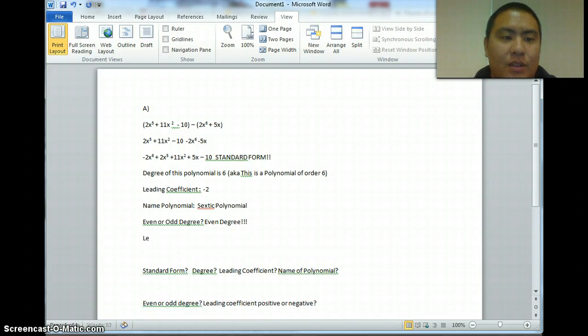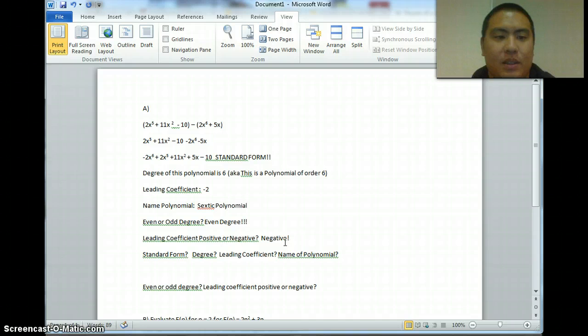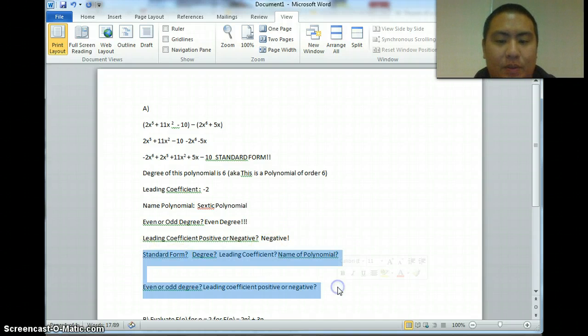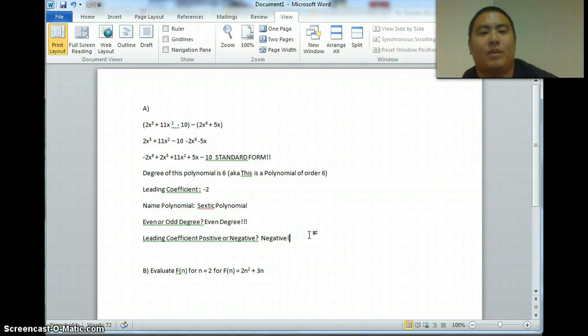Leading coefficient, positive or negative? Well, we look at it and we say the leading coefficient is negative, so we know that it's negative. So this gives us a lot of things, and this is what I really want to touch base on, that we've answered these questions and we can do this.